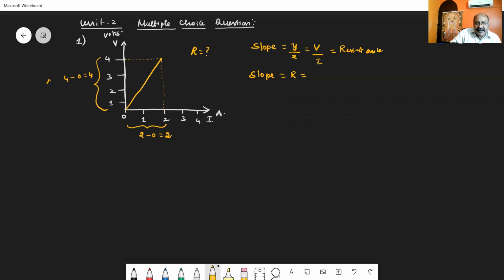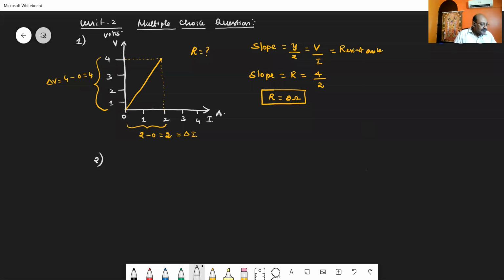So this 4 is nothing but the change in voltage, and this 2 is nothing but the change in current. So slope is the y-intercept, 4, divided by the x-intercept, the change in current, 2. So the resistance value R is equal to 2 ohm. So by calculating the slope of the given curve, the resistance can be calculated. So the answer is 2 ohm.